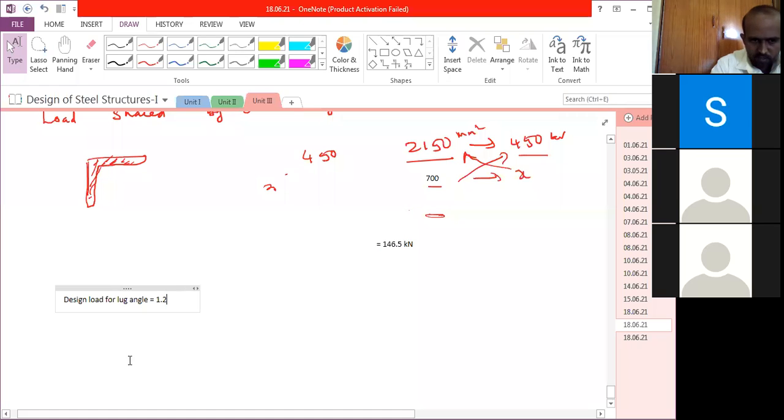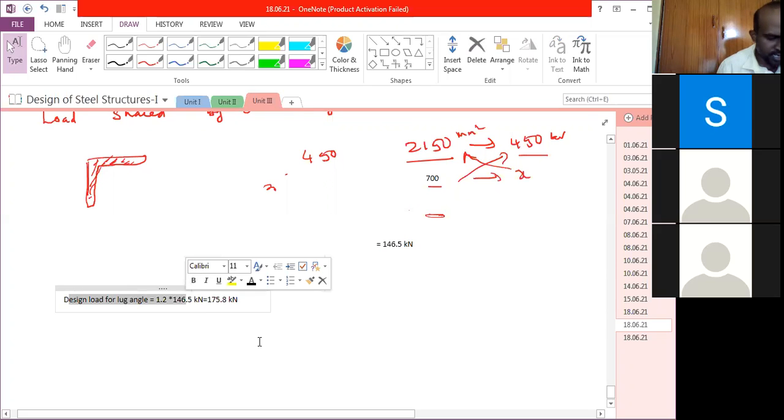We are multiplying with 1.2, adding 20%. Now tell me, 1.2 multiplied by 146.5 kilonewton, how much? Factored, it is 175.8 kilonewton. We added 20%, nothing more than that. So the design load for the leg angle is 175.8 kilonewton.